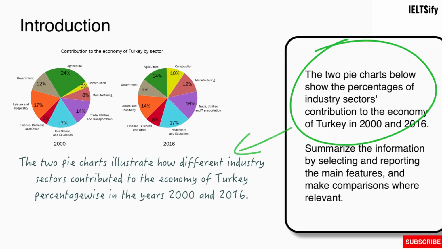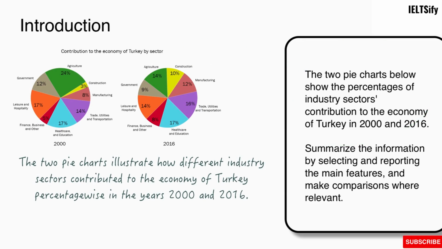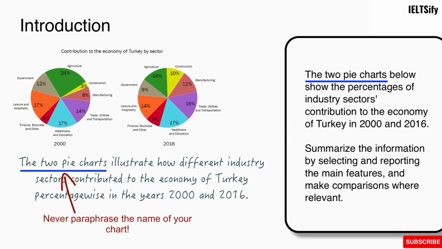The 2 pie charts illustrate how different industry sectors contributed to the economy of Turkey percentage-wise in the years 2000 and 2016. You can notice that I did not change the name of the chart, and you also should never paraphrase the name of your chart.